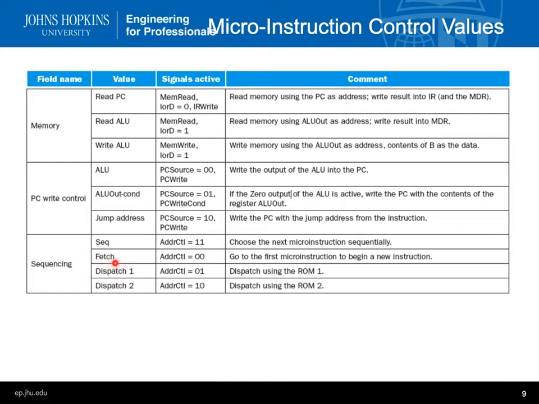Are we done and we're going to go back to state 0? Or we'll see in a minute what these dispatches are where there's a choice. So again, you haven't even seen the finite state machine, but it's kind of difficult to figure out what order to put these slides in to get it all together. But you can come back to this if you want to put it all together.